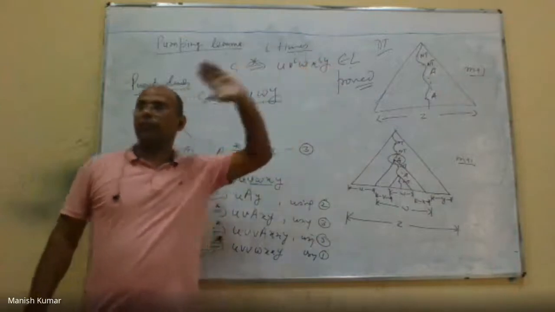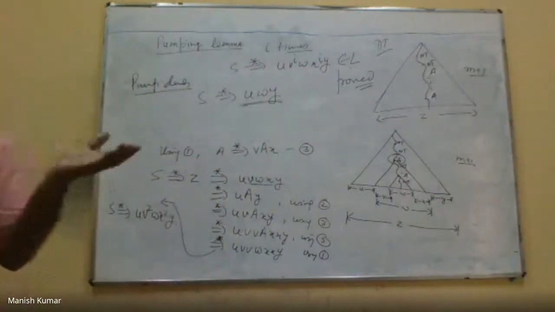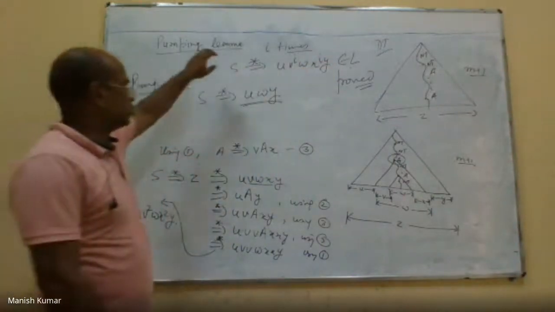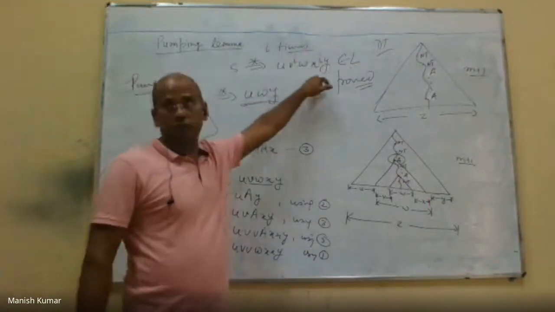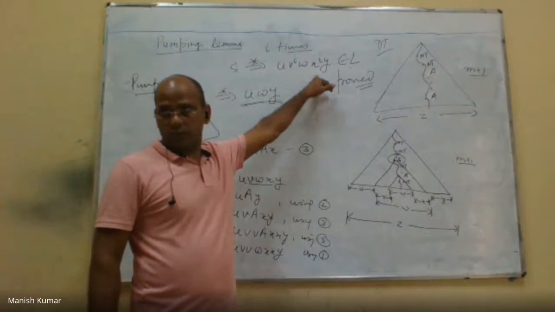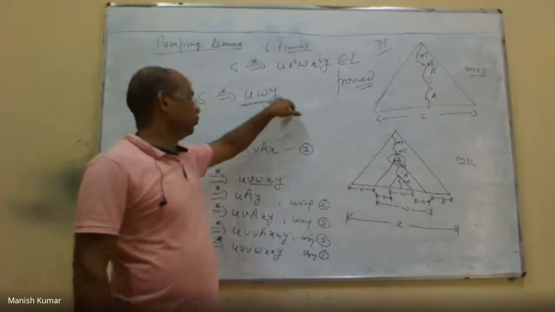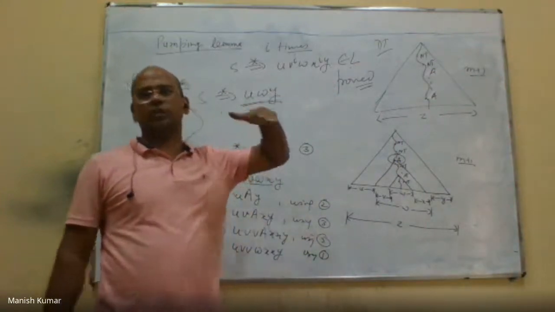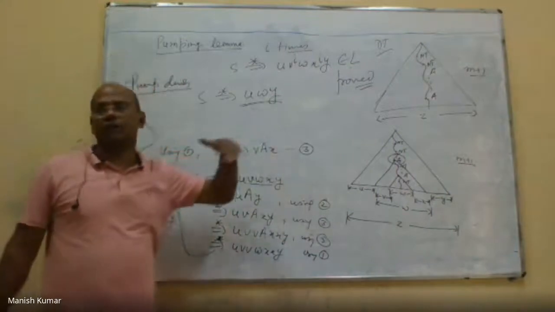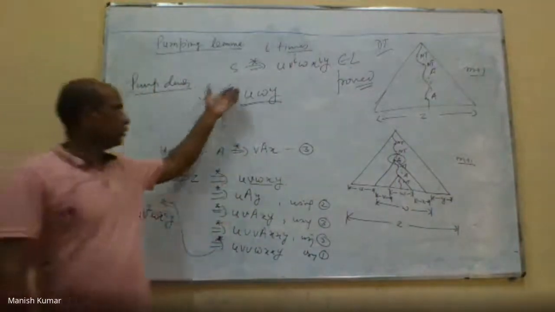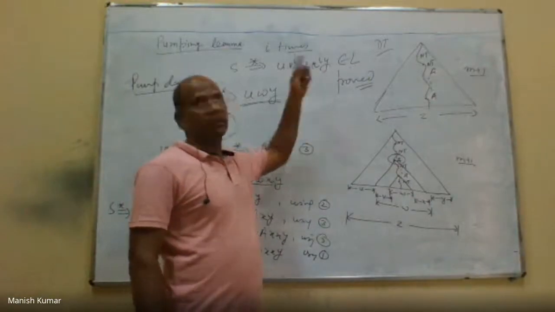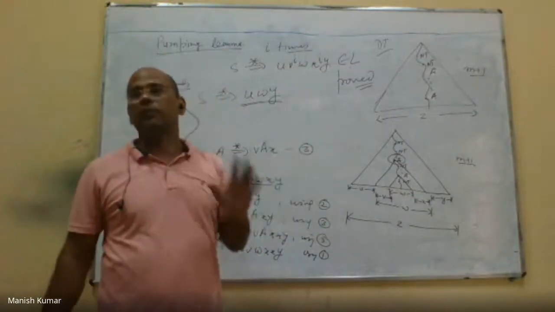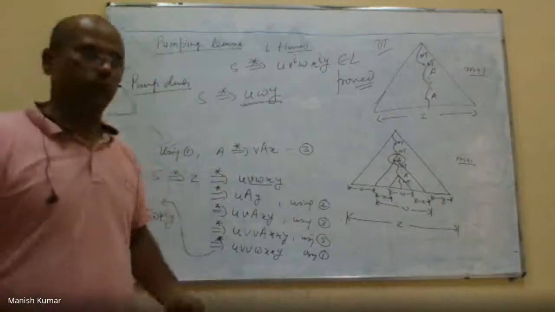So I can take minimum 0, you cannot go beyond that. When i goes to 0, V and X vanish and it simply becomes U W Y. In some cases it is used, not really, because in pumping up, what we say is V and X should not be empty.